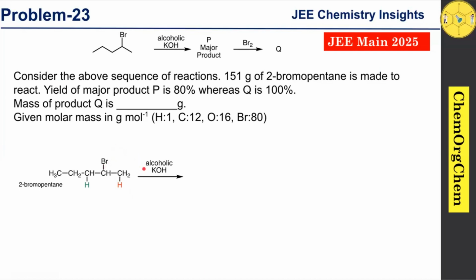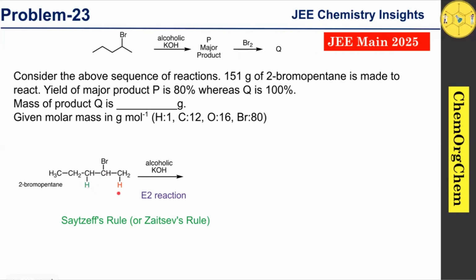However, according to Zaitsev's rule, which states that the more substituted alkene is always preferred when compared to the less substituted alkene. When you take this green hydrogen, it produces the more substituted alkene.